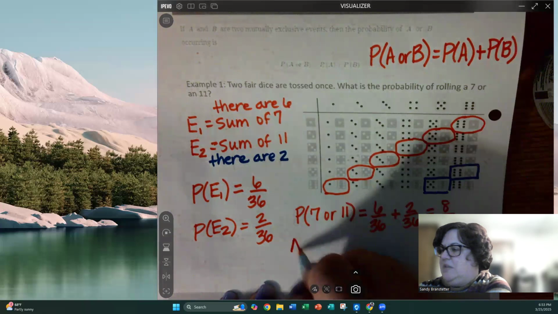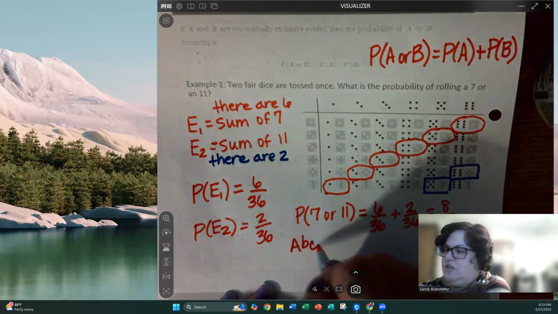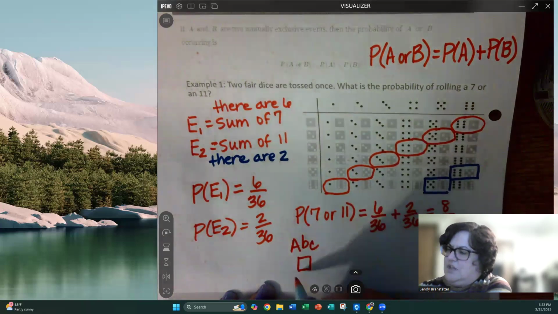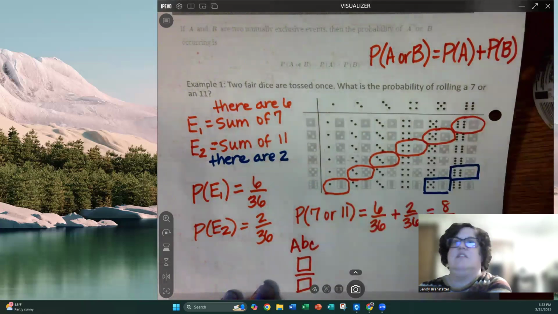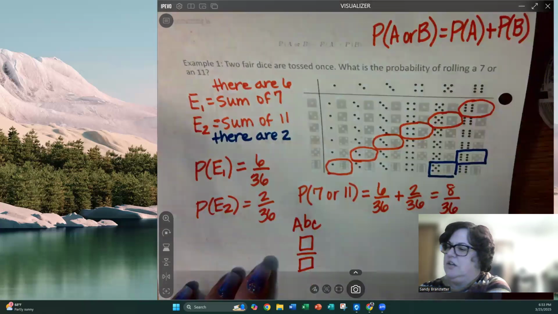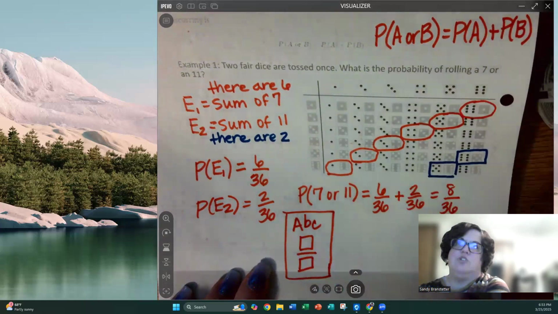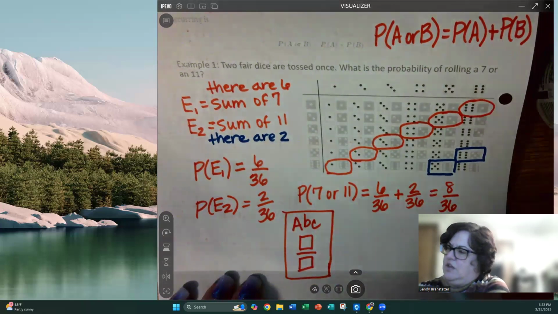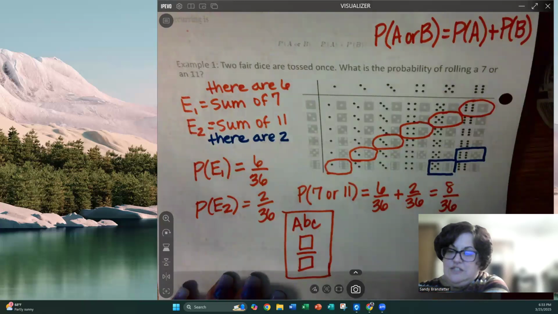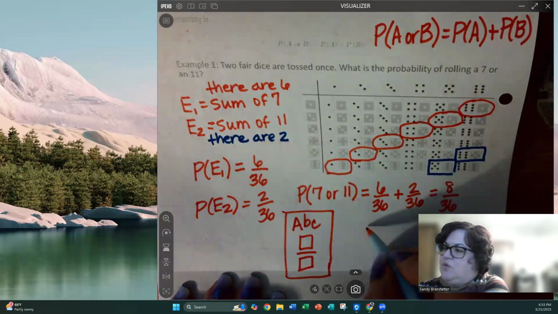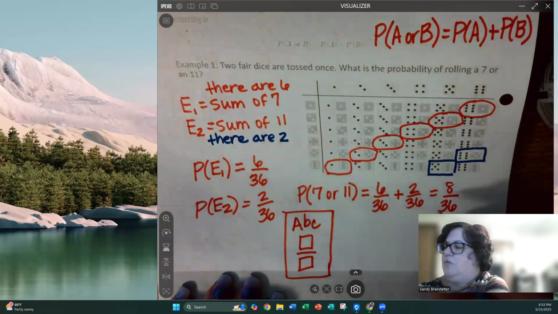If you have an ABC button on your calculator or something that looks like a fraction button, you can use that to help you when working with fractions as well. So I have 8 over 36, and then I'm going to simplify that. Well, both of these will divide by 2.